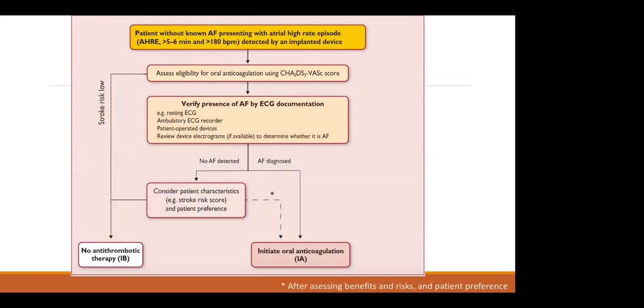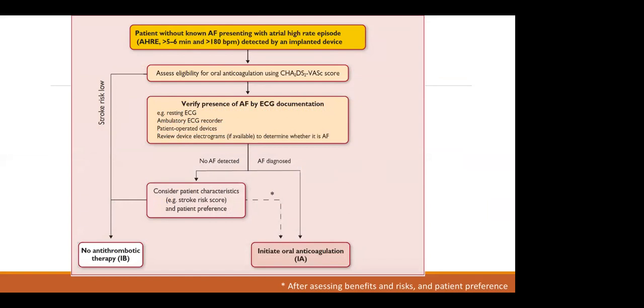An atrial high rate episode is defined as an atrial episode with a rate of more than 180 beats per minute lasting more than 5 to 6 minutes, so this is really very important.